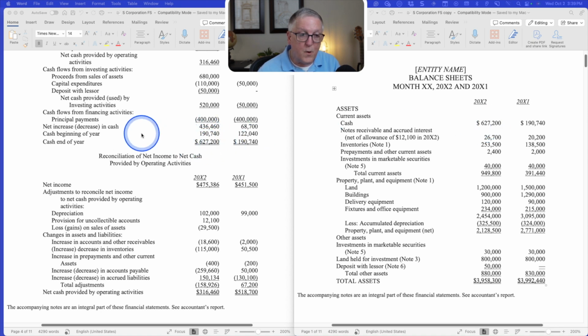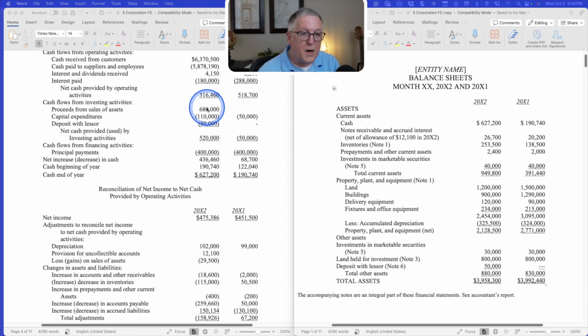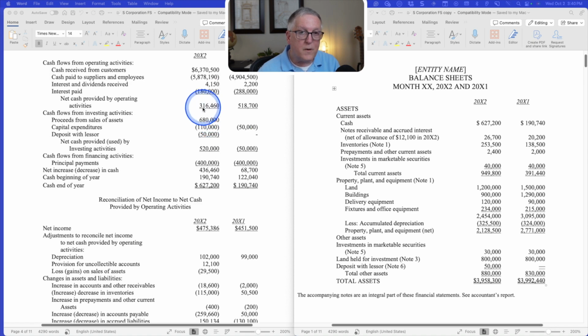And then you know that the 190, the cash at the beginning of the year, is coming from here. So you know what this number is, you know what the cash flows from financing activities is, you know what the cash flows from the investing activities is, and then you can back into what the cash flows from operations is.